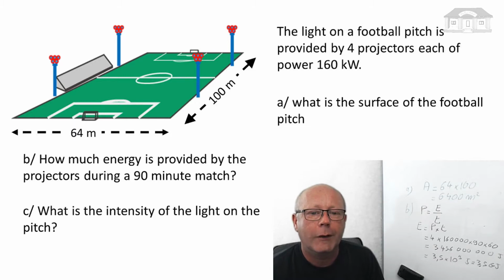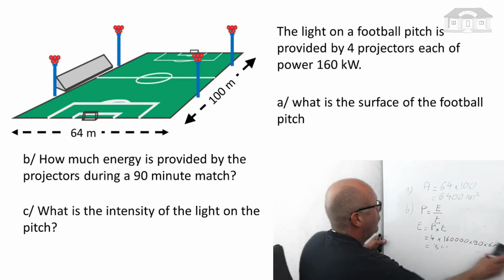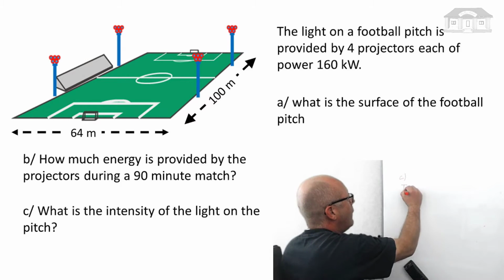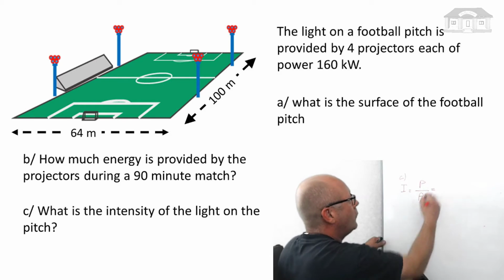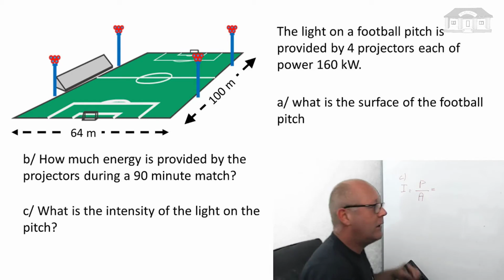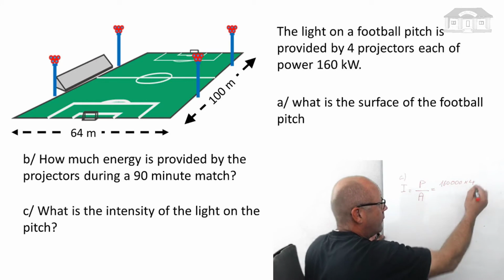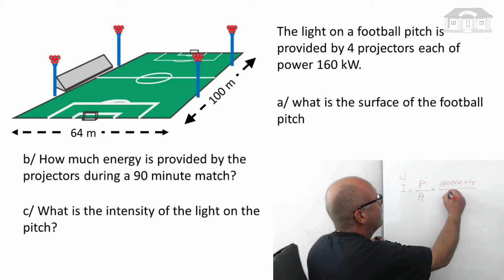Question C, try to do it. What is the intensity of the light on the pitch? See, the intensity is the power delivered per meter square. So the power is 160,000 by 4, because there are 4 projectors, divided by the area of the pitch.